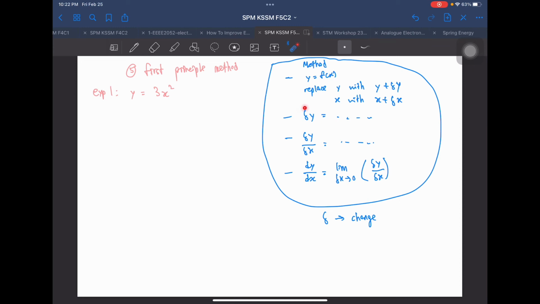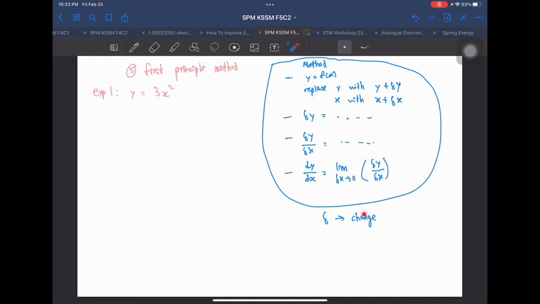Then you divide this whole thing by delta x, so you got delta y over delta x equals this whole thing. Next you apply this equation, so you got dy/dx. Note that delta is change. So when I say delta y, it is the change of y. When I say delta x, it is the change of x.